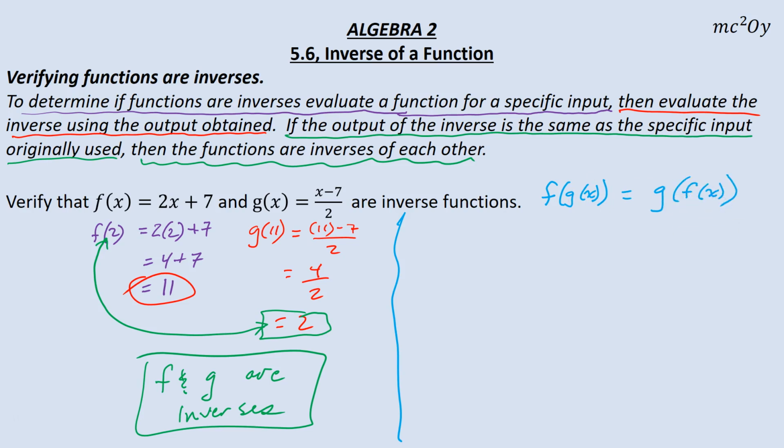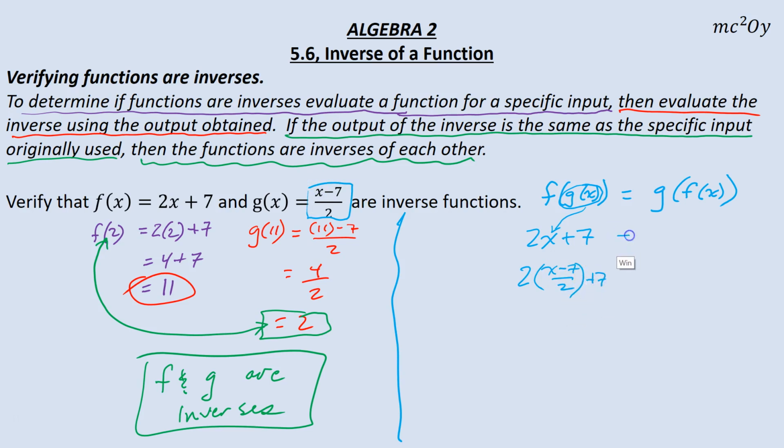Now I know that looks a little confusing, but really all this means is if I take my function f, 2x plus 7, and I substitute in for x my function g, which would be 2 times x minus 7 over 2, plus 7.